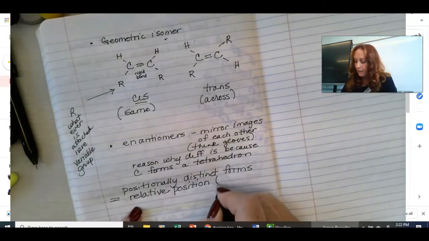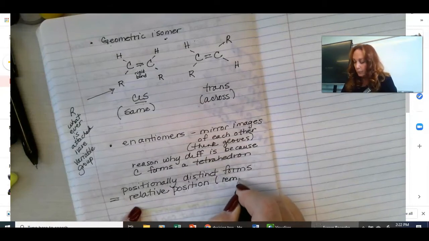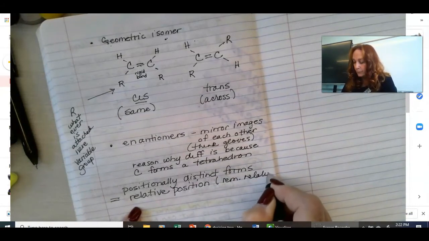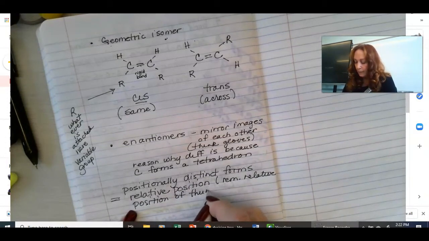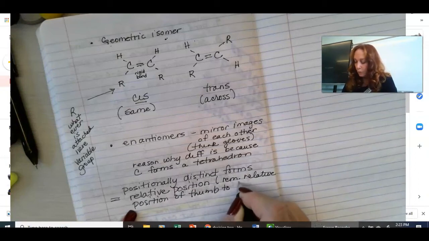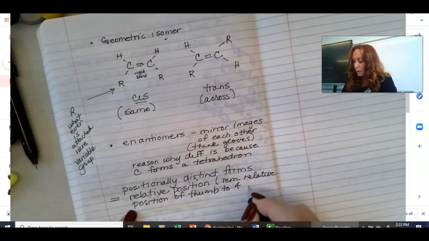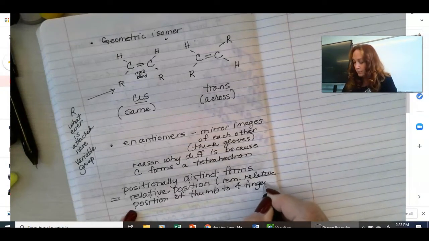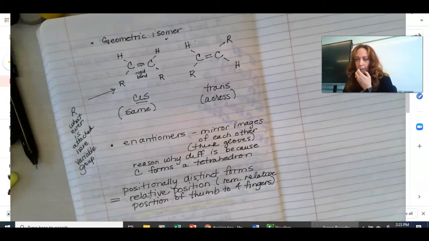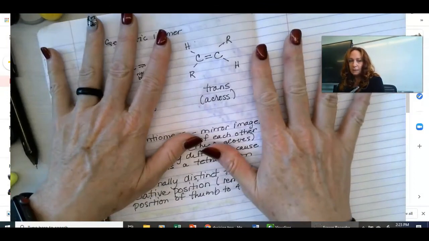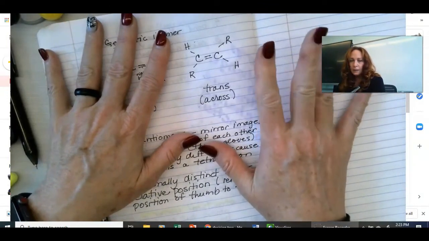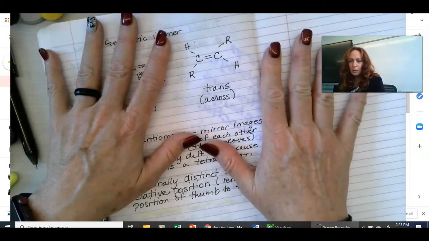So if I think about this, I'm going to remember that my relative position of my thumb to the, I got to put 5, that's not going to work, to 4 fingers is what we're talking about. Because that's what you get. Your thumb relative to your 4 fingers is different.